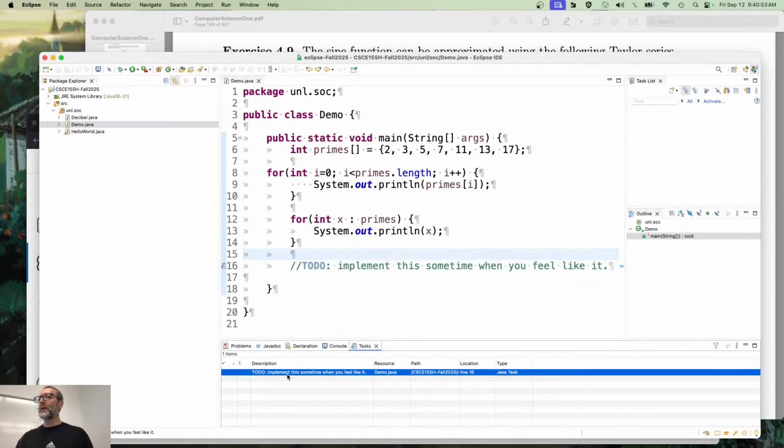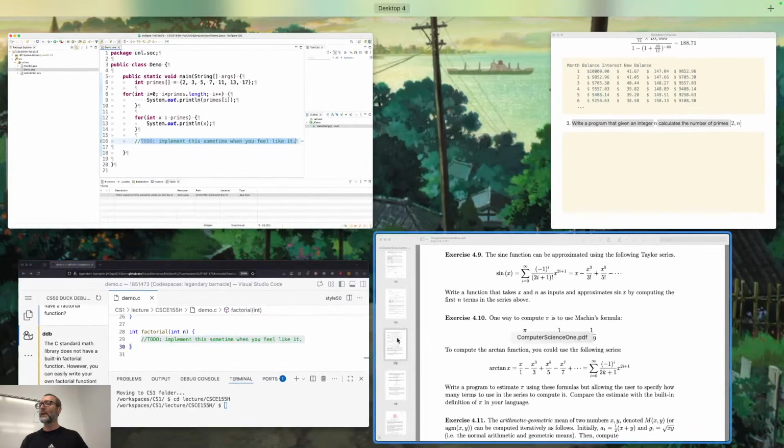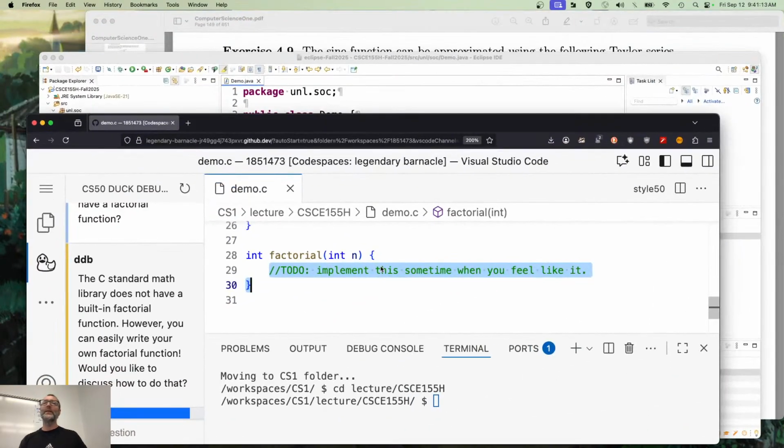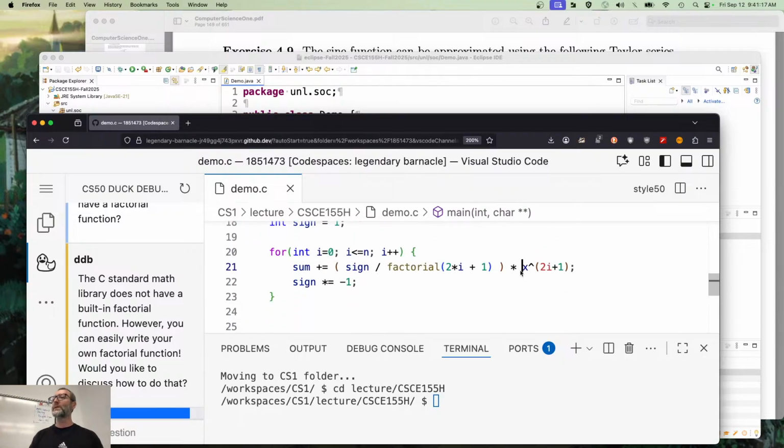You see what happened down there? In my task bar, anytime you have a to-do in a comment, the IDE is going to find it and put it in this task view. Oh, I need to do that thing. Double click on it, and it takes you there. So it's a really nice pattern to follow because IDEs support that kind of stuff. All right, we'll eventually do that though.